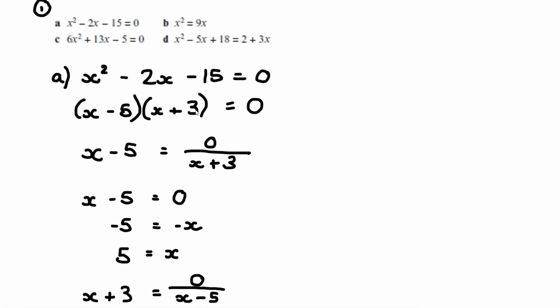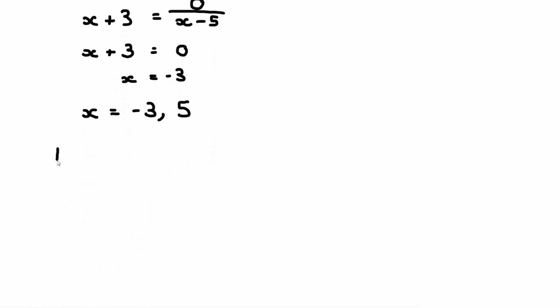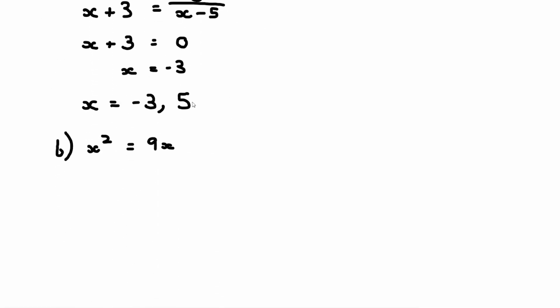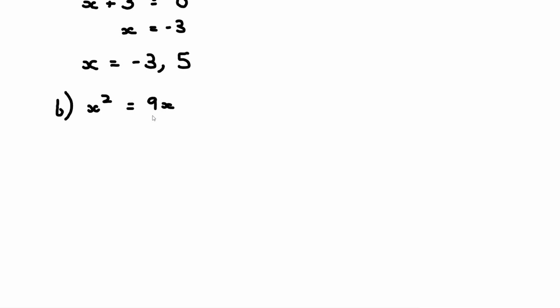So let's look at b now, which is x squared equals 9x. Again, the first step is we want this side to equal 0. So let's subtract 9x from both sides. We have x squared minus 9x equals 0.